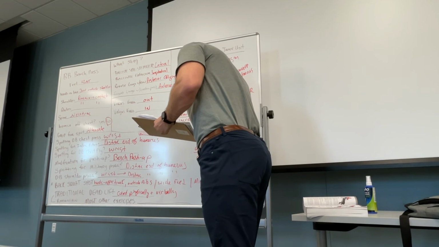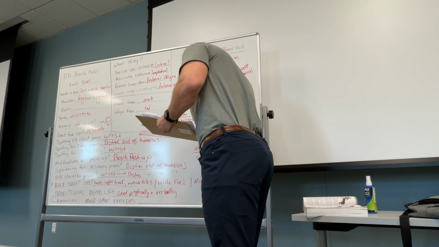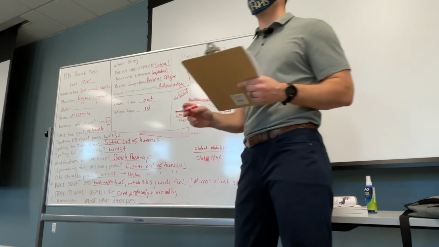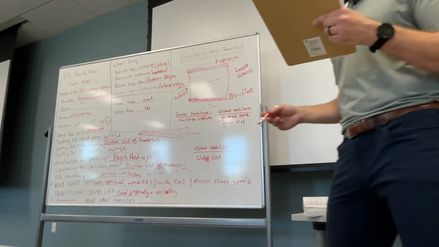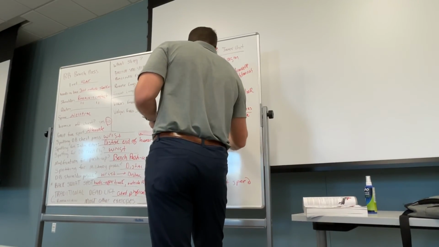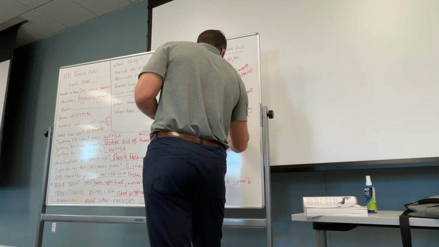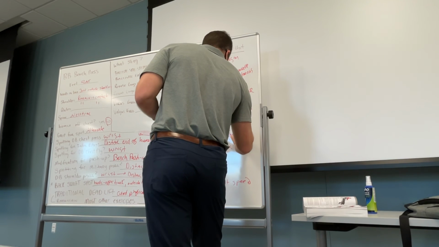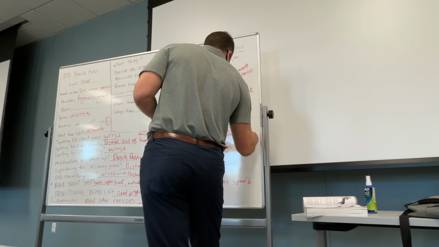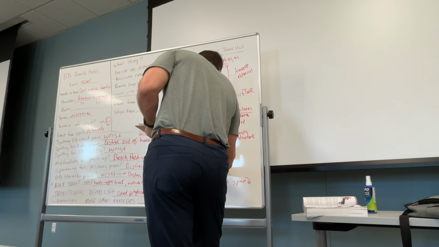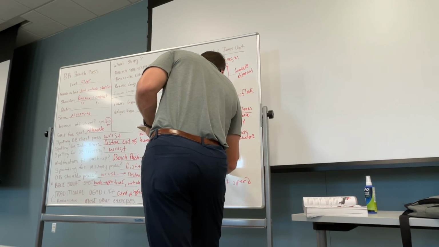Okay. Any other guesses? Internal oblique. Rhomboids and adductors will be in there. Adductors are also mobilizers, so there are some mobilizers that are also stabilizers.